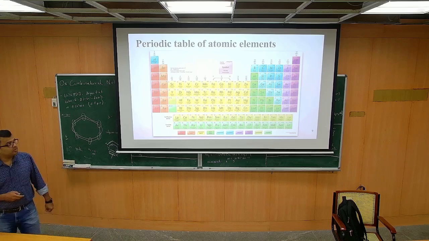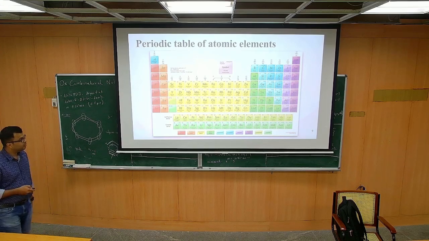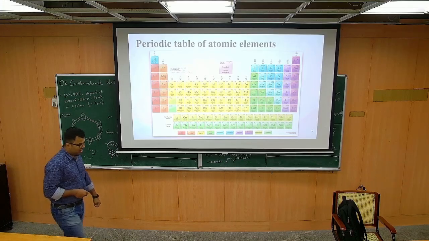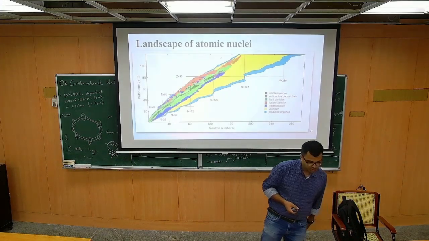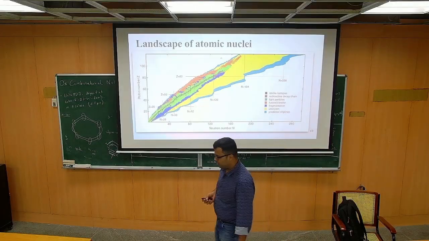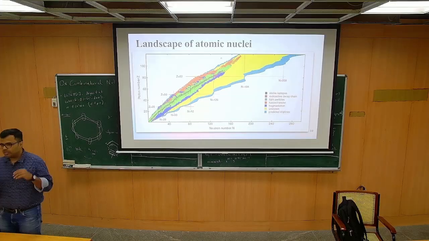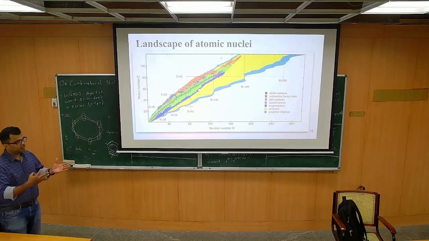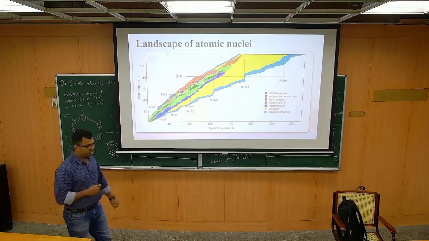We have quite some understanding of how they are structured, what the energy level structure of these atomic elements is. And not just atomic elements, we also know the landscape of nuclei, or nuclear landscape, where we know that different nuclei are stable in different regimes, why they are stable, etc. All from some so-called effective field theory model.